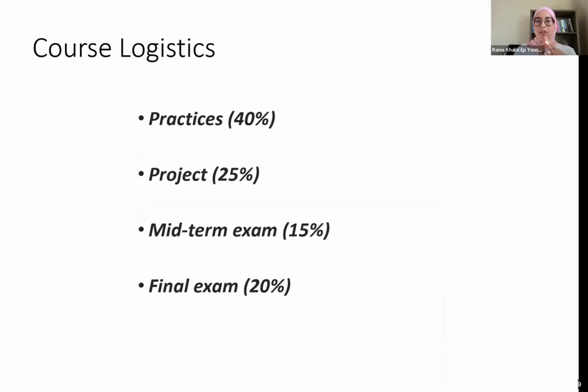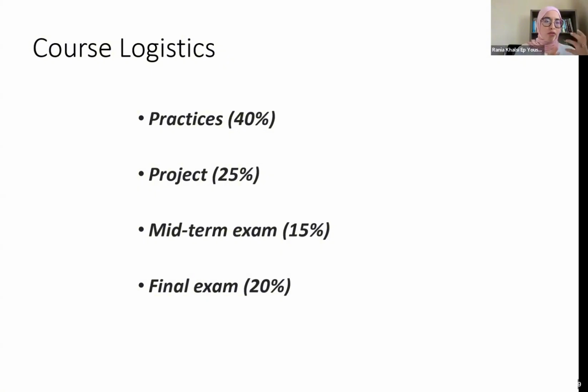Grading is an important thing, and as part of this class and as part of my teaching philosophy, I believe in learning by doing. So I believe in project-based learning, and this is why you will find 25% of your grade is given for a project. For this project, we're going to discuss later, but it's going to be teamwork or group work, okay?